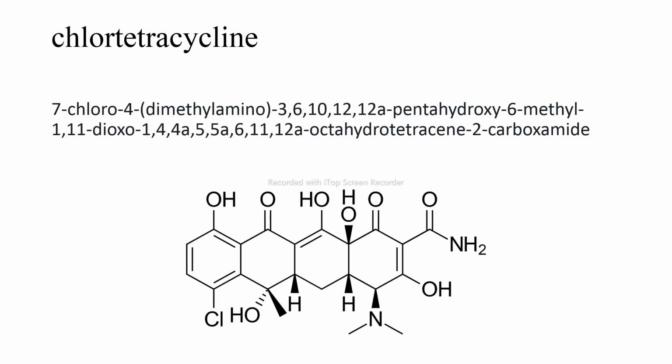Once you nominated the dioxo groups, the later portion is same because in each structure of tetracyclines these 8 hydrogens are missing. Hence 1, 4, 4A, 5, 5A, 6, 11, 12A, octahydrotetracene, 2-carboxamide. So this is the IUPAC nomenclature of the chlorotetracycline.